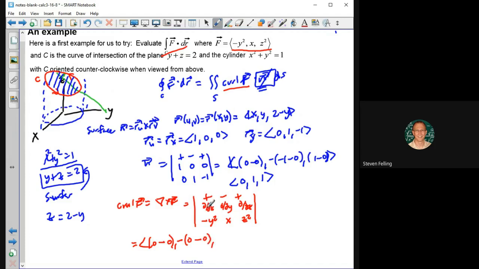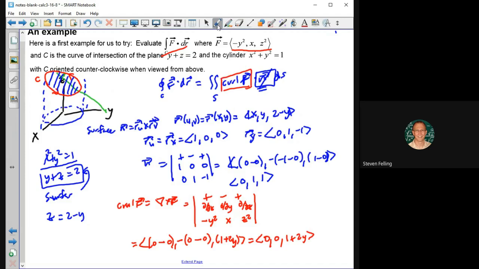And then we would have the partial derivative of x with respect to x, which is 1, minus the partial derivative of negative y squared with respect to y, which would be negative 2y, so plus 2y here. So we would end up getting 0, 0, and then 1 plus 2y. Okay, and so that's this part right here.